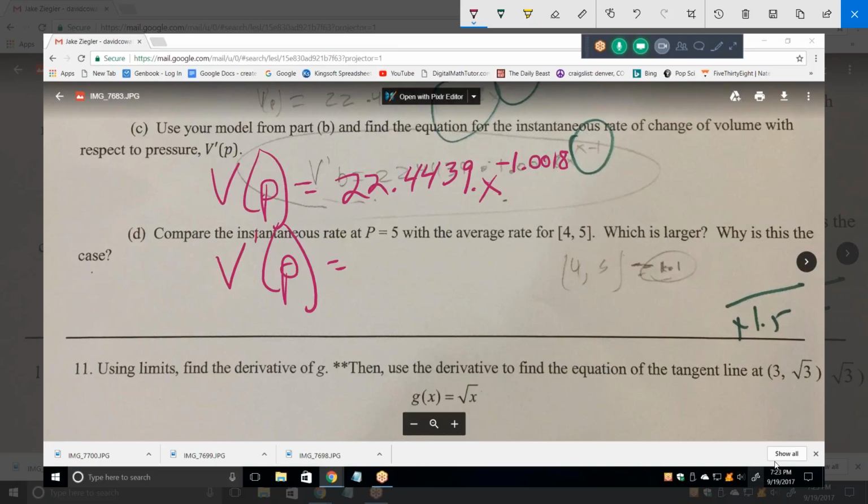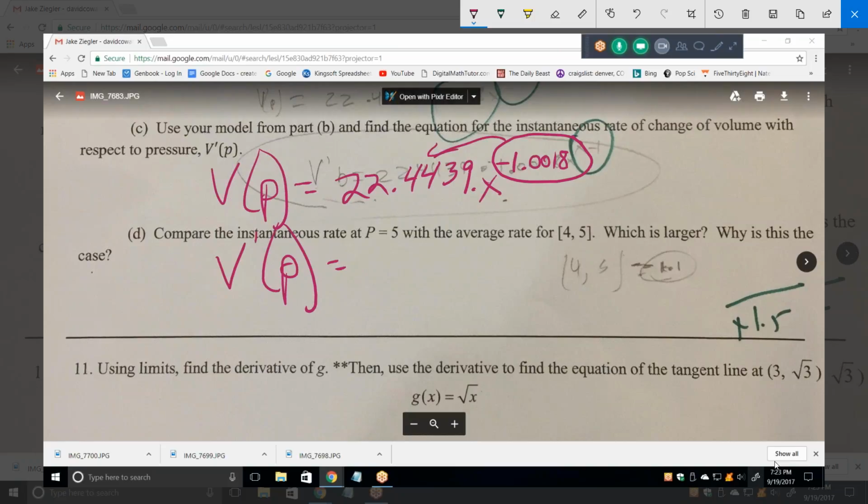So it would be 22.4439 times... When you use the power rule, you always start with the exponent. That times that. What is that number?